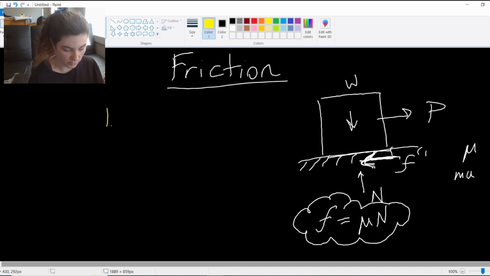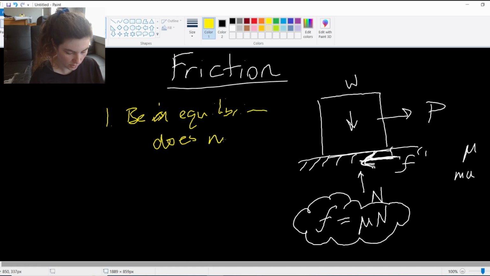One is that the box could be in equilibrium and not move. So I'm pulling on this box, but the frictional force is stronger than the force pulling it, so the box does not move, right? Stays exactly as it is in the picture.